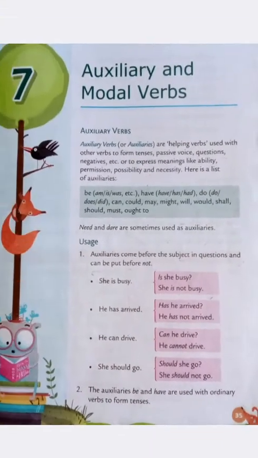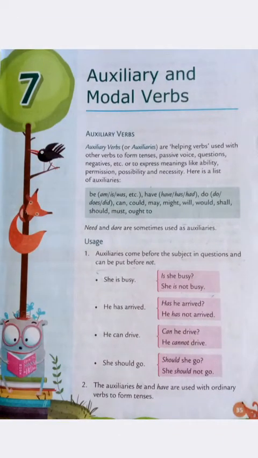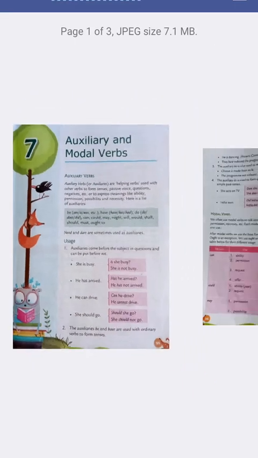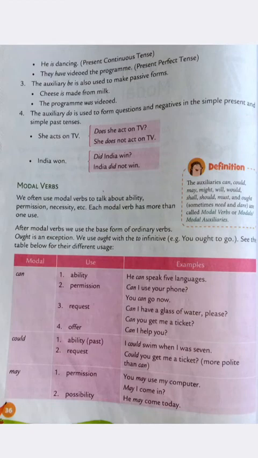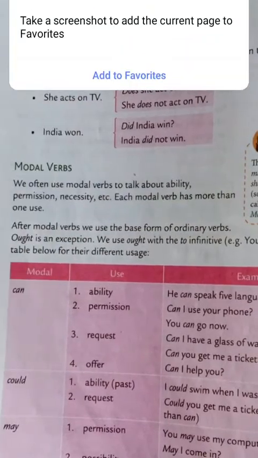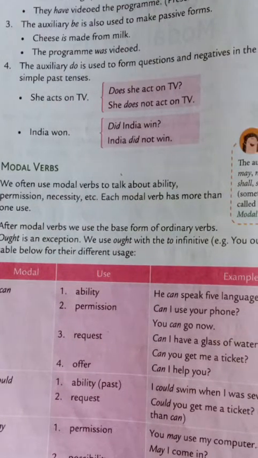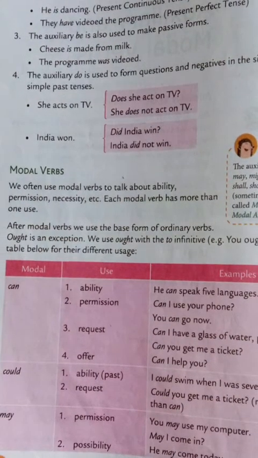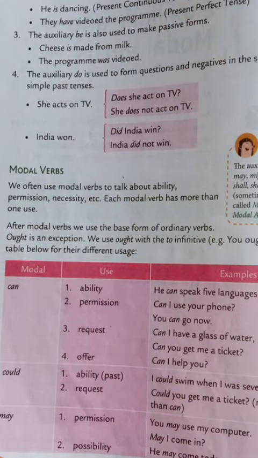Now let us see the next page. See here, an example is given. He is dancing. It is present continuous tense. Next example, they have videoed the program.